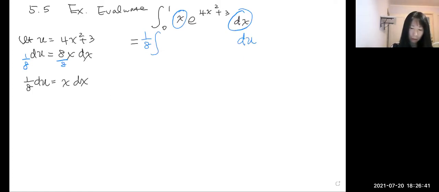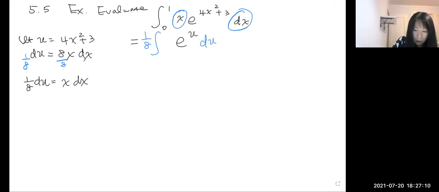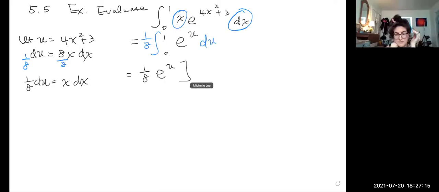Now we set it up as e to the u, right? Okay, we take the antiderivative, the integral of e to the u. What do you get? I think it's still just the same. It's e to the u. So we do e to the u from 0 to 1.